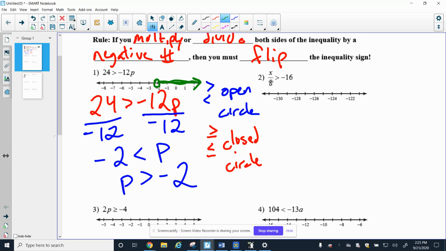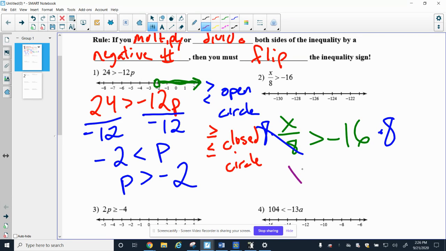So if we want to get x by itself, let me rewrite this below actually, give us a little more room. X divided by 8 greater than negative 16. So to get x by itself, if we divided by 8, the opposite of that would be multiplying by 8. So we'd multiply both sides by 8 to cancel out this dividing by 8. So then we'd have x.